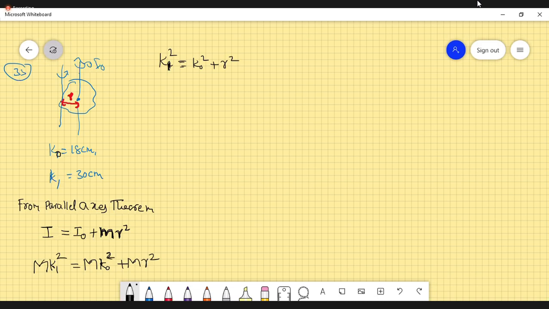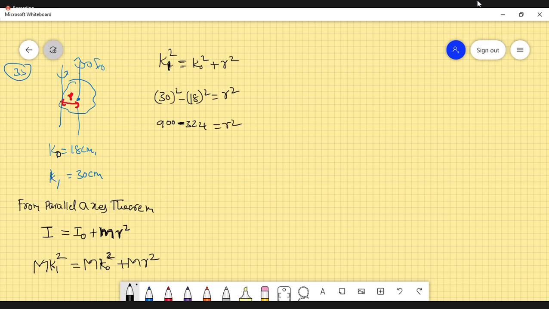K1 is 30 centimeter. So 30 square minus 18 square equals r square. 900 minus 324 is 576, equals r square.